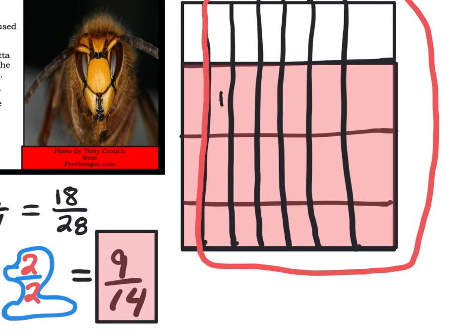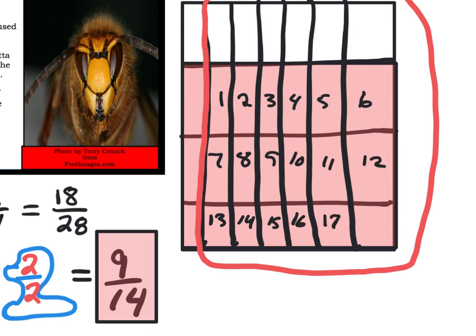So I've got 1, 2, 3, 4, 5, 6, 7, 8, 9, 10, 11, 12, 13, 14, 15, 16, 17, 18 out of the full 1 ounce, which would be 1, 2, 3, 4, 5, 6, and 7. 7 times 4 is 28.